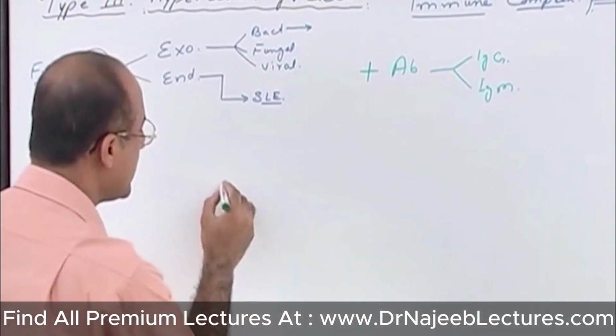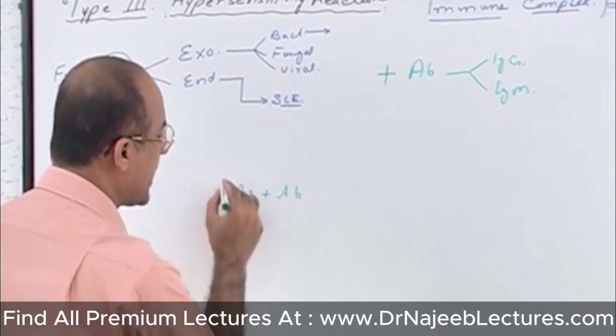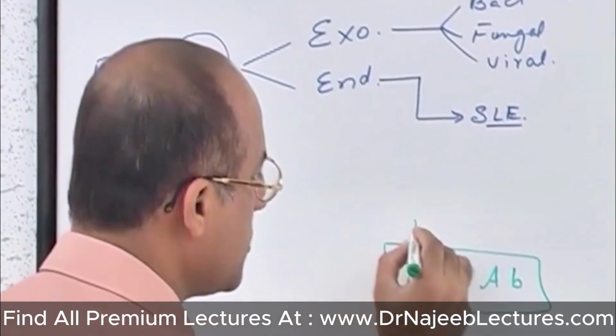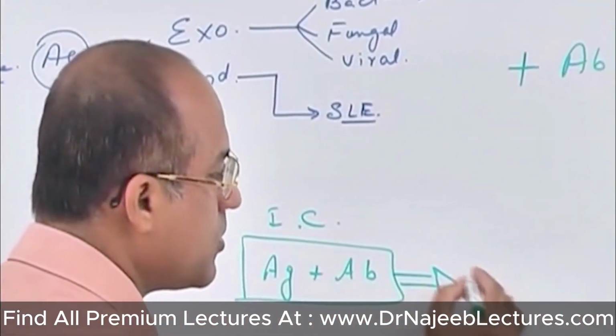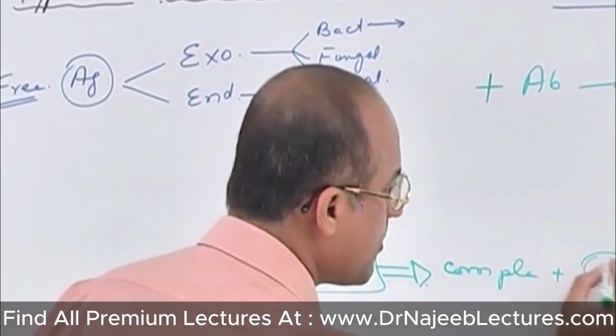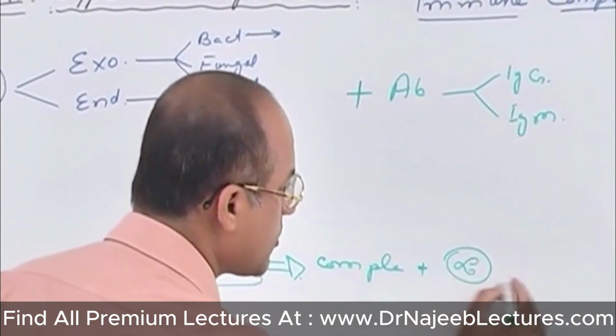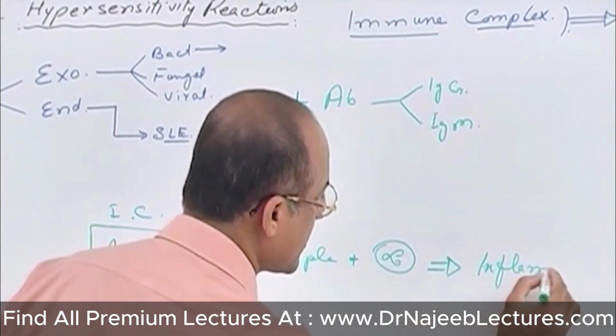Then this antigen plus antibody making an immune complex will, through complement activation plus inflammatory cells like neutrophils, lead to severe inflammatory reaction.